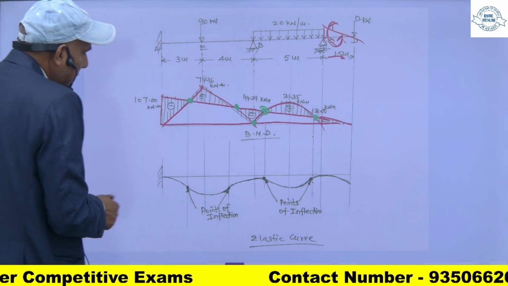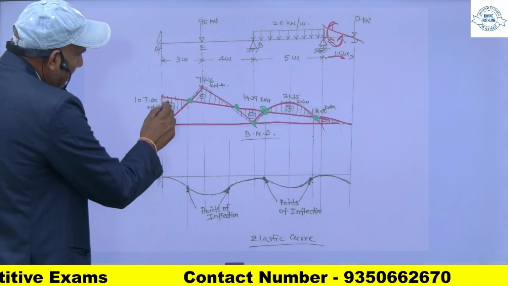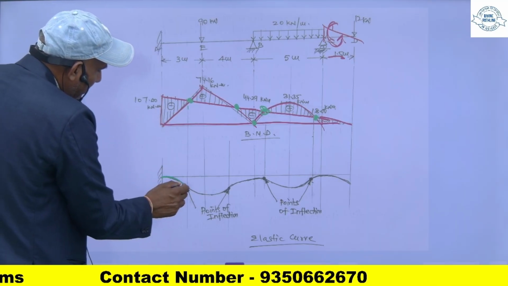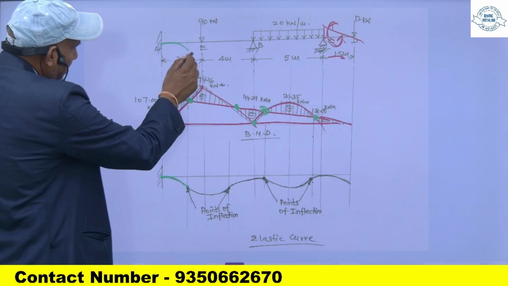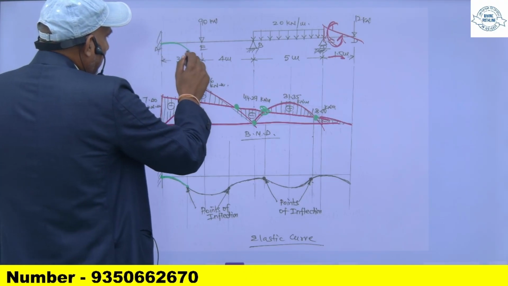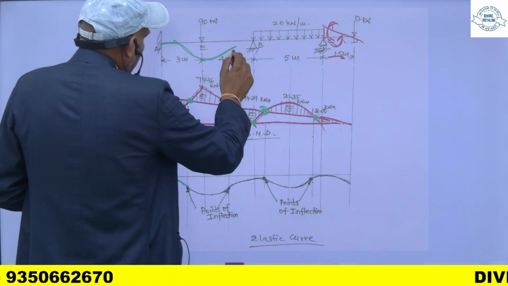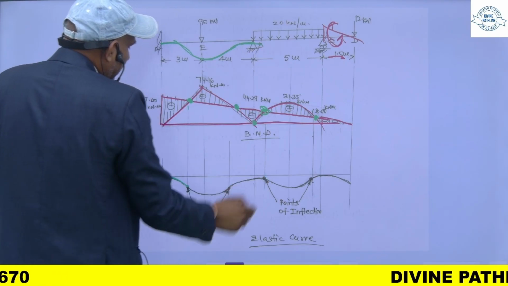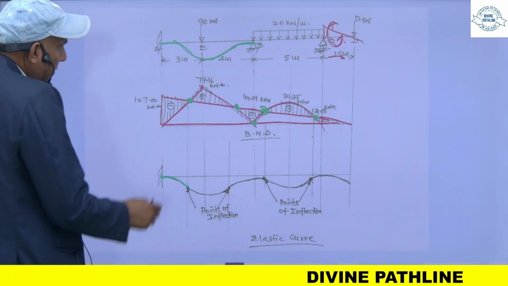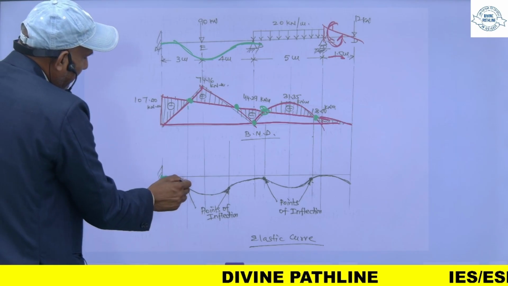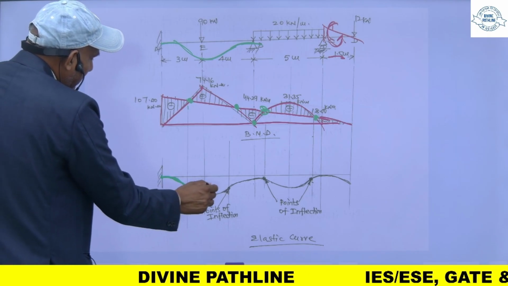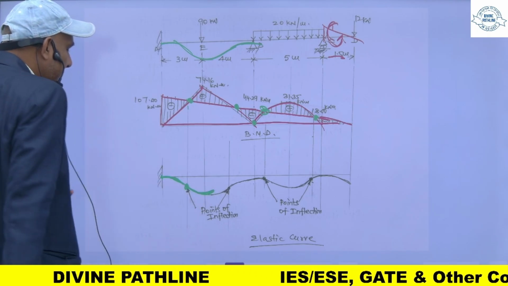So if you draw it, my curvature will be like this. First, since deflection is 0 here, and there is settlement at this point, at this point curvature will be upward, and down it is downward. It is a point of curvature.